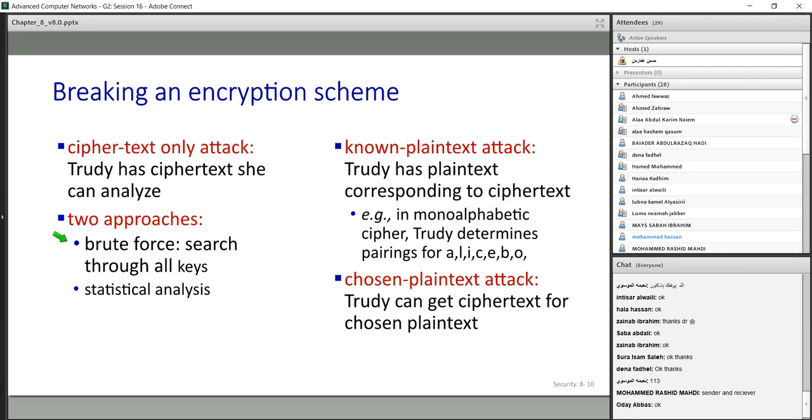The first one is the brute force technique. In brute force, Trudy has to apply every possible key to decrypt the message. All possible keys.